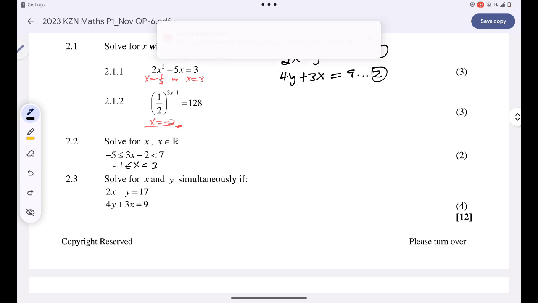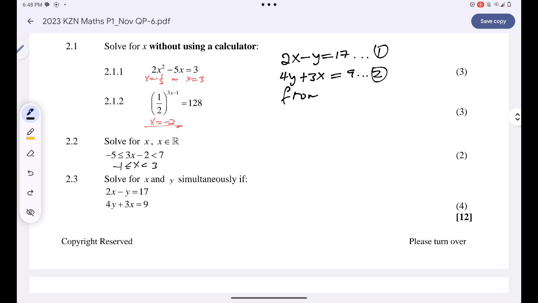I'll simply have equation 2. I must obviously try to create equation 3. I can simply say that from equation 1, whenever I take y to the other side, y will be positive, and then I'll have 2x minus 17, because the 17 will come to the other side as well. And by doing that, I'm literally forming equation 3.